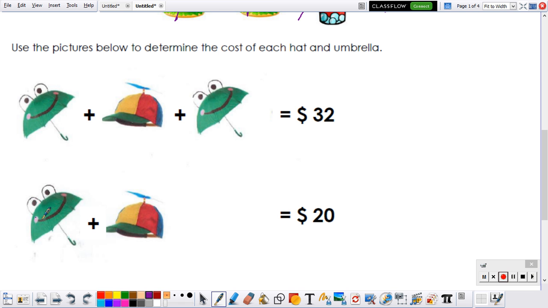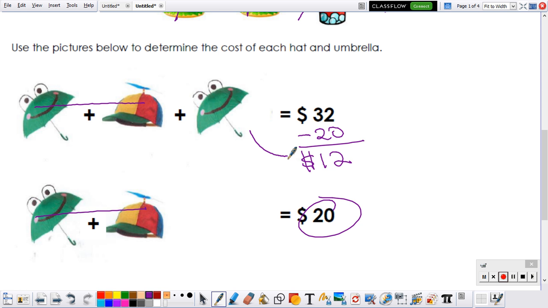So if I eliminate 1 umbrella and 1 hat from each line, I know that the 1 umbrella left must be 12. Then I go back here and say, all right, 12 for this umbrella, so 12 plus the hat is 20. That means the hat must equal $8. Okay, again, this picture example is called elimination.